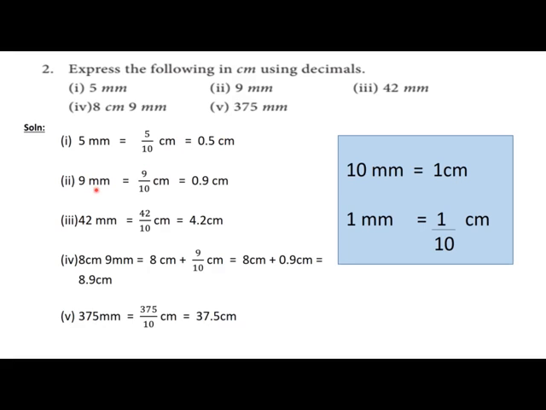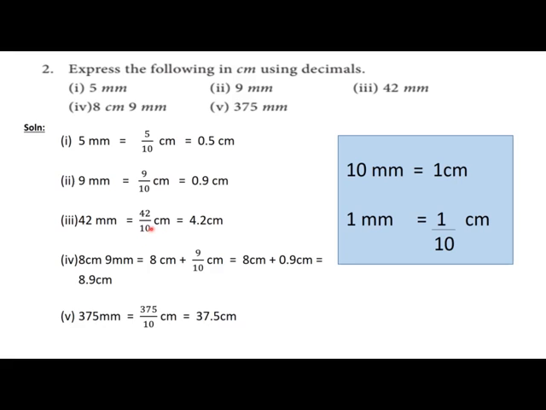Similarly, for 9 millimeters, that will be 9 by 10 centimeter. Only one 0 in the denominator, so you have to move the decimal only one place. So this will be 0.9 centimeter. Third one is 42 millimeters. 1 millimeter is 1 by 10 centimeter, so 42 millimeters is 42 by 10 centimeter.